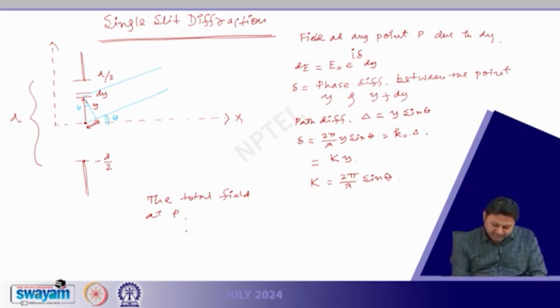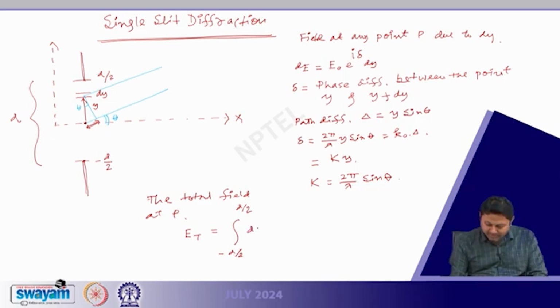So, E t, the total field, will be the integration running from minus d by 2 to d by 2 of dE.